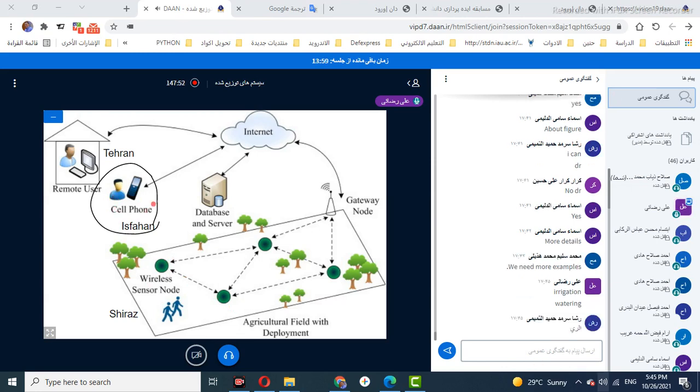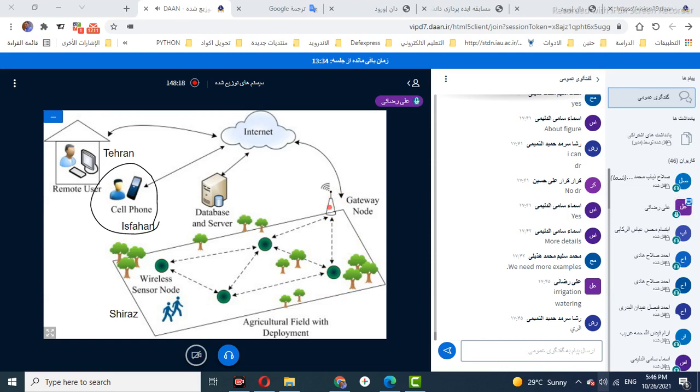So from his cell phone he connects to the internet, and then he can check the database or web server here. And these sensors continuously send the information about the humidity of the soil to this gateway node. This is a wireless node, a cellular node, for example.